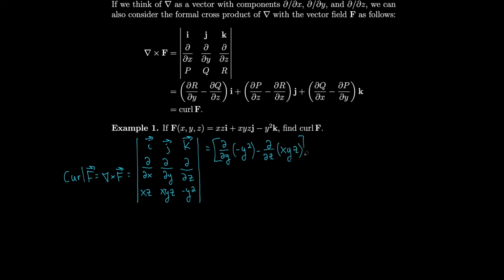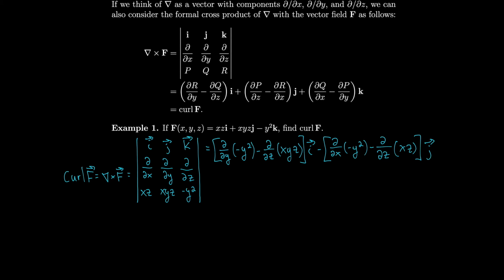So that'll be our i component of the curl. And then we will subtract off the partial with respect to x of minus y squared minus the partial with respect to z of xz for our j component.